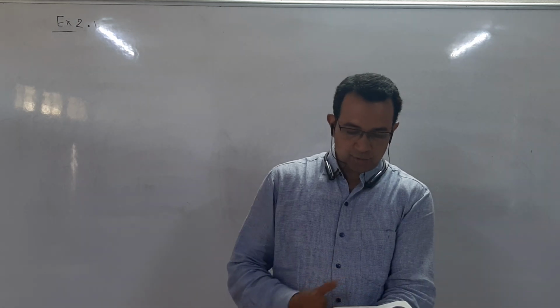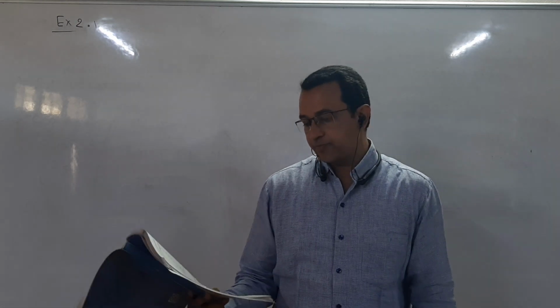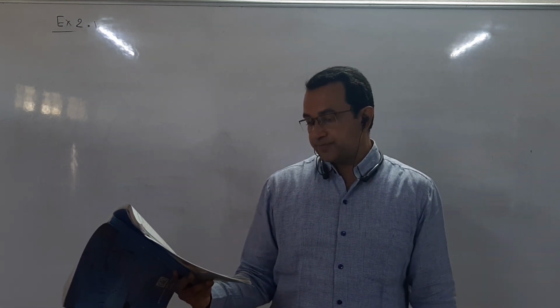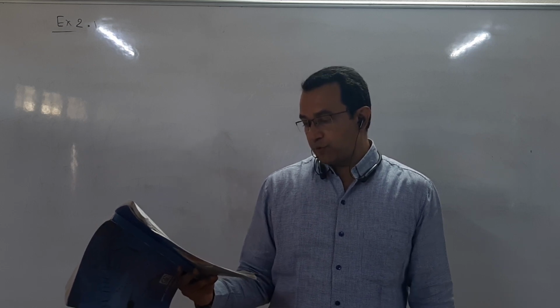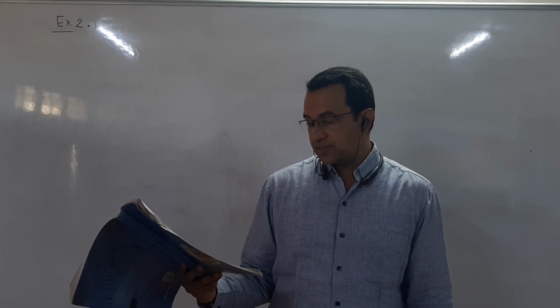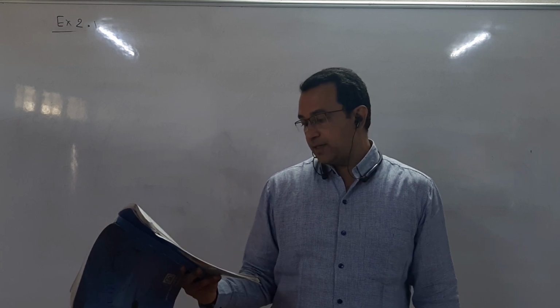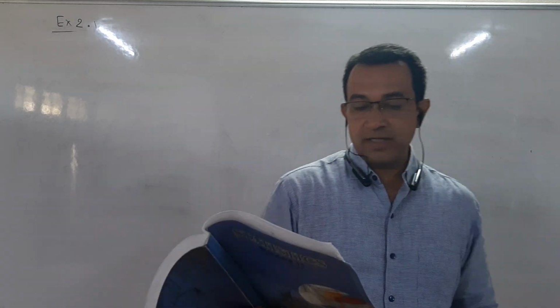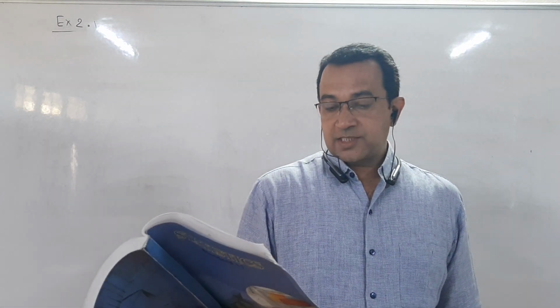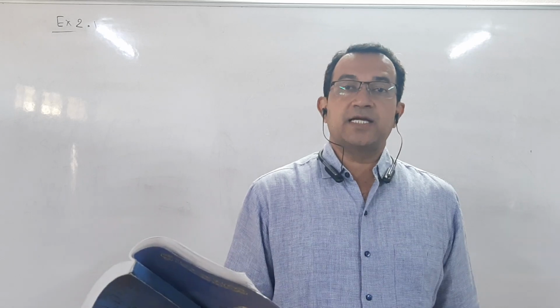So exercise 2.1, students, I am reading question number 3. The data regarding number of mobile phones produced in the last 60 days by a mobile phone manufacturing company is given below. Distribute it into 10 classes.